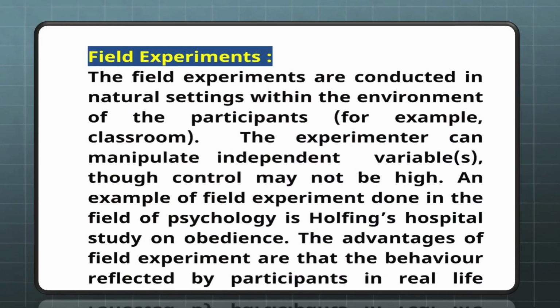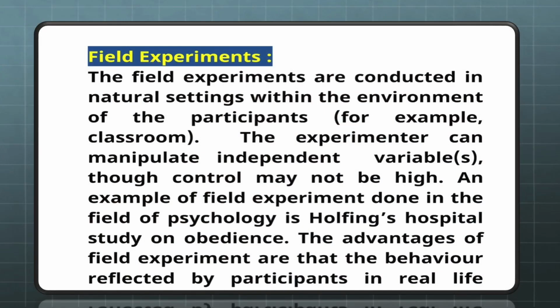They will have the impact of the extraneous variable. So, randomization cannot be done. Control is low, the independent variable is not manipulated, generalizability, that is external validity, is higher and control is low, that is internal validity is low.